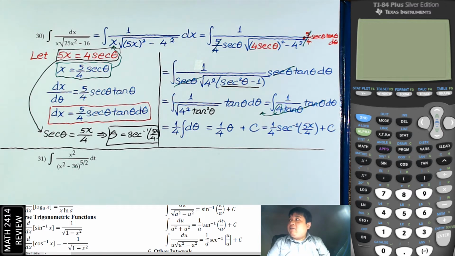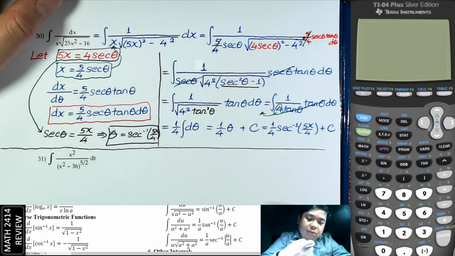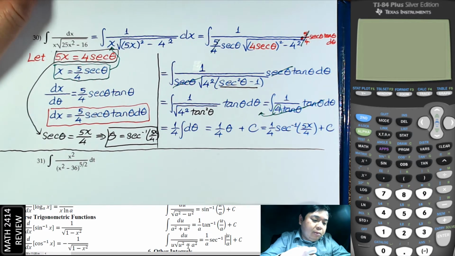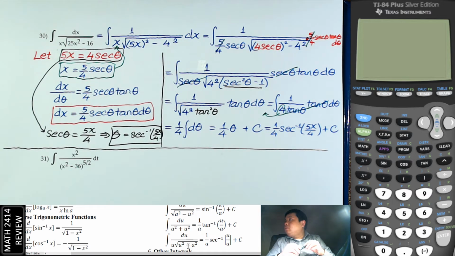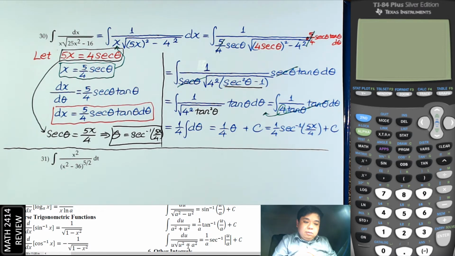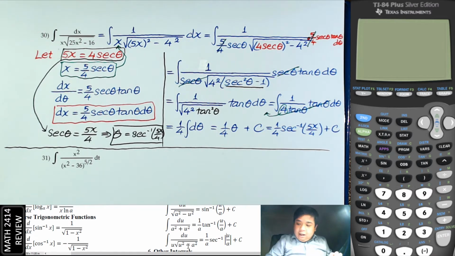In that case we have to have 1 over 4. Yep. That's what we have for that one.